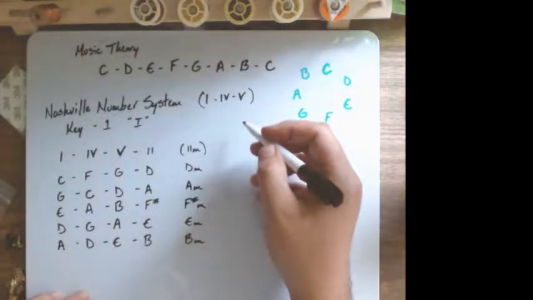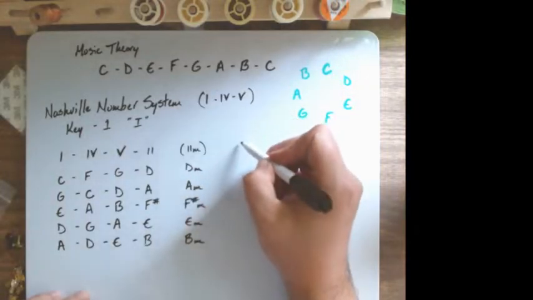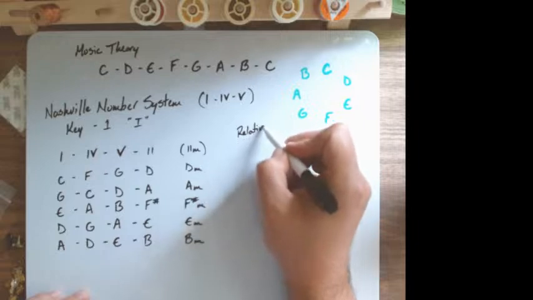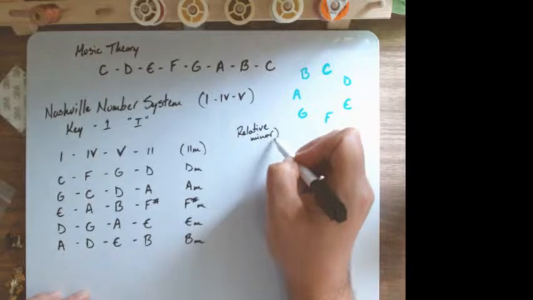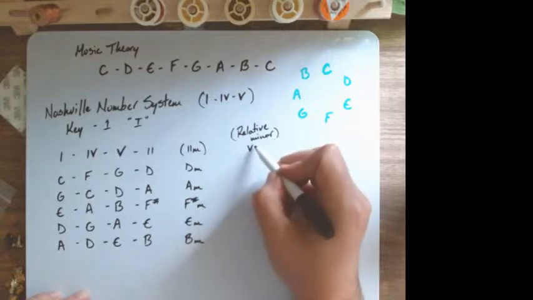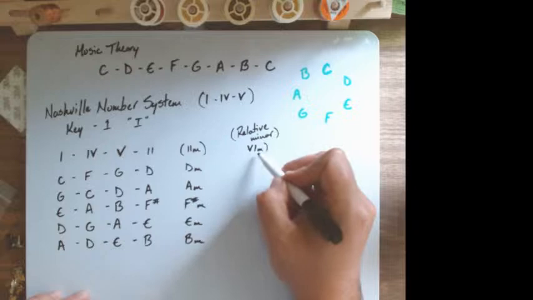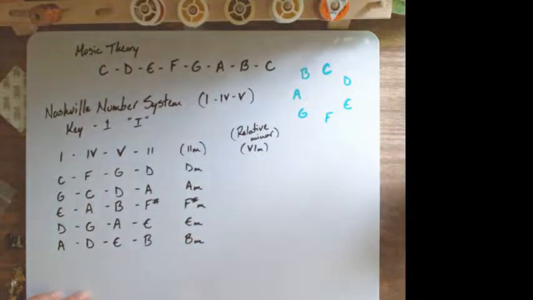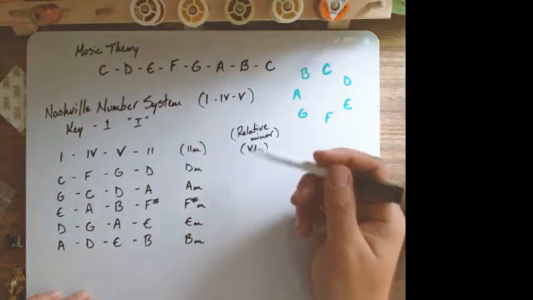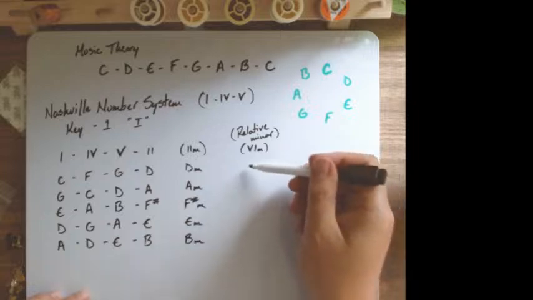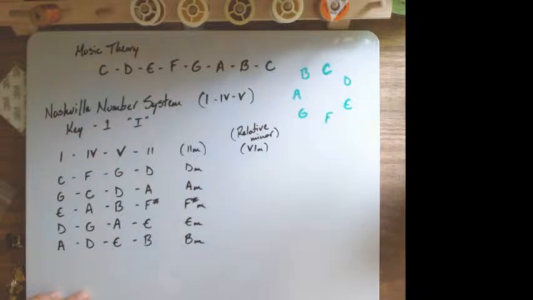Now the relative minor is what we call a 6 minor, and that's going to play into where you are right here. Okay, it gets a little more complicated, but I'll tell you real quick what a relative minor is.